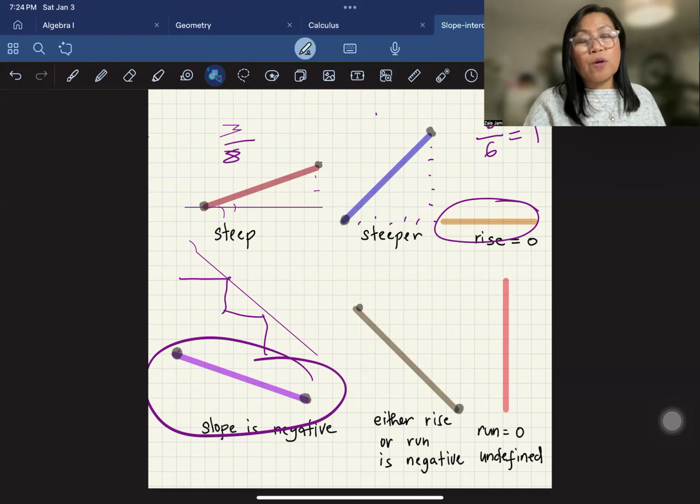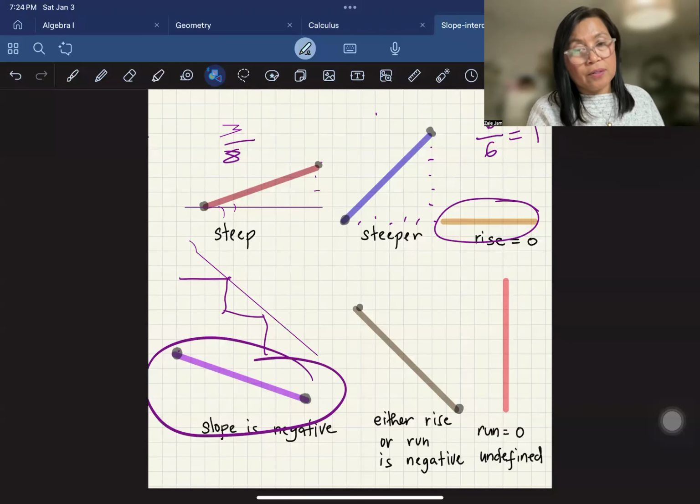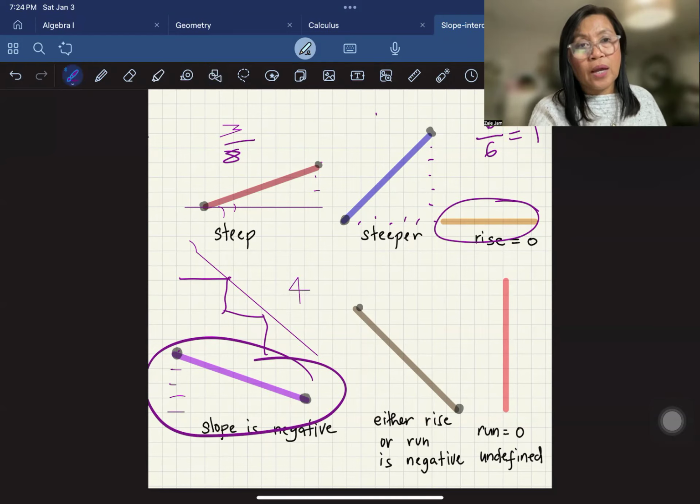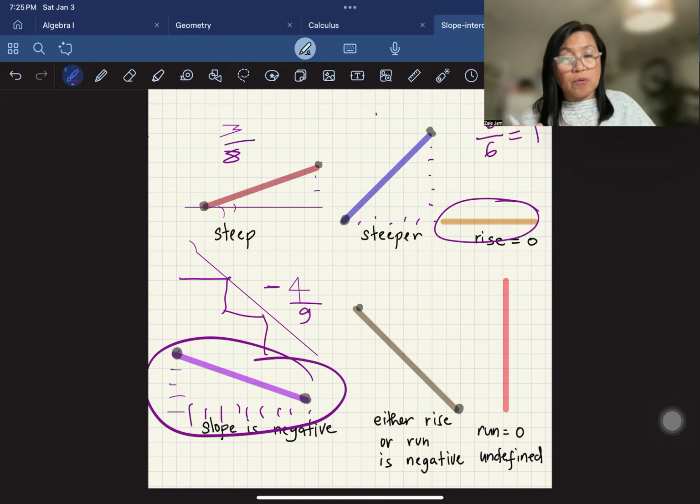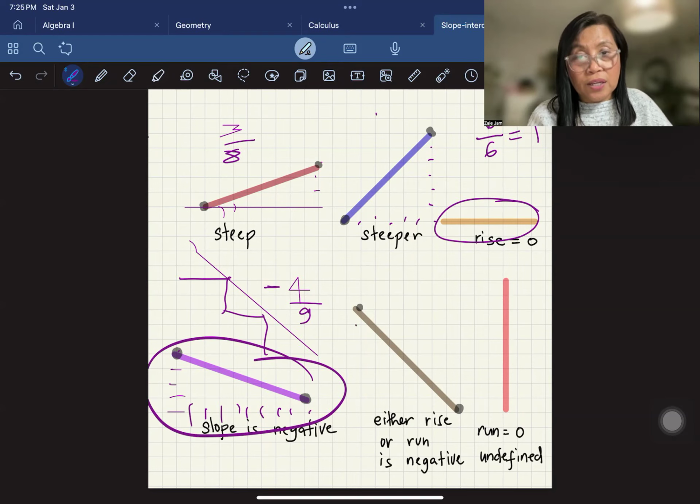And you can also compute for the rise over run. Moving downwards, we have 1, 2, 3, 4, so the rise is 4. And moving to the right, we have 1, 2, 3, 4, 5, 6, 7, 8, 9. So that's 4 over 9. That's our slope. Since it is going downwards, we have a negative slope.